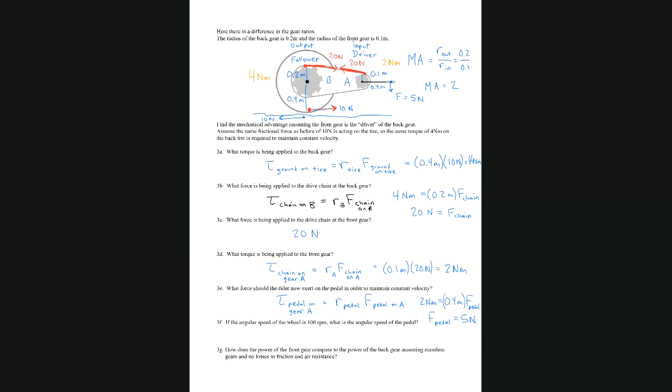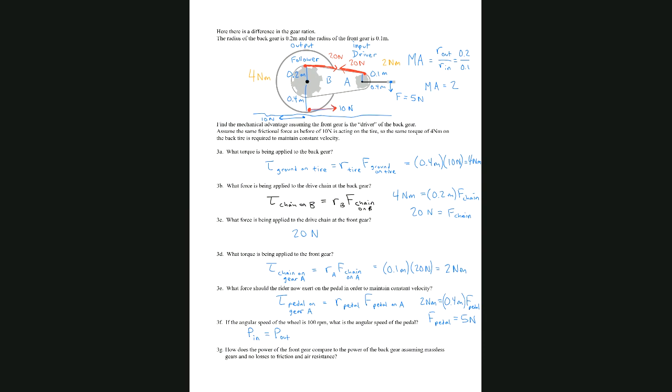But there's going to be a trade-off with that. So what's the trade-off here? It says if the angular speed of the wheel is 100 RPM, what will be the angular speed of the pedal? So the formula for this is that the power, it's called, at the input has to equal the power at the output.